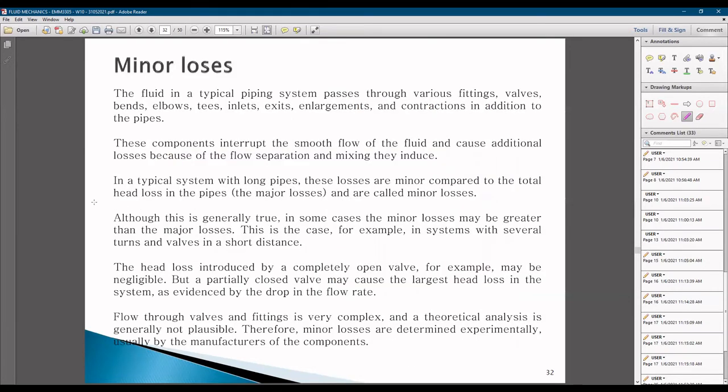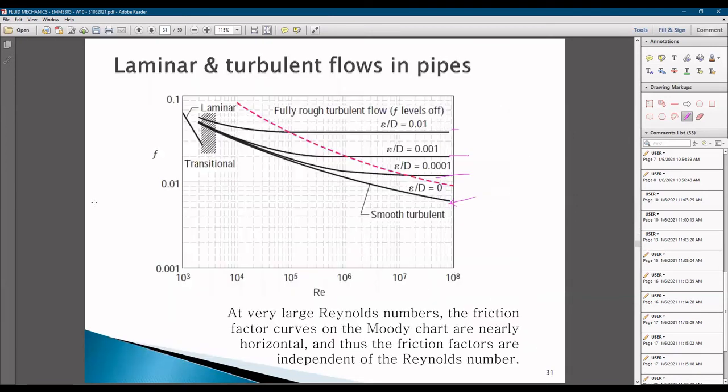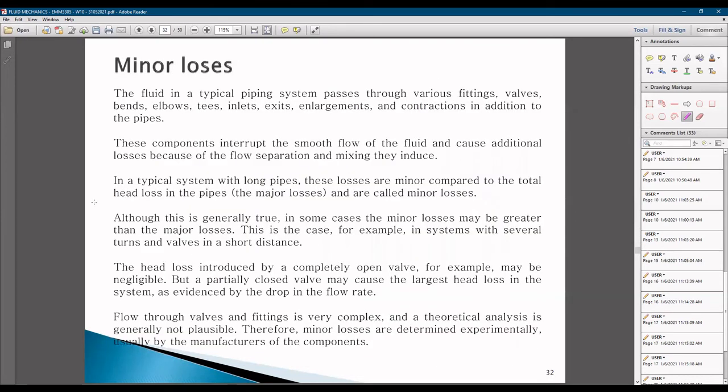Now we want to talk about the minor losses. Just now, we talked about the head loss. What was discussed just now is related to head loss. Now we move into the minor losses. The fluid in a typical piping system passes through various fittings, valves, bends, elbows, tees, inlets, exits, enlargements, and contractions in addition to the pipe.